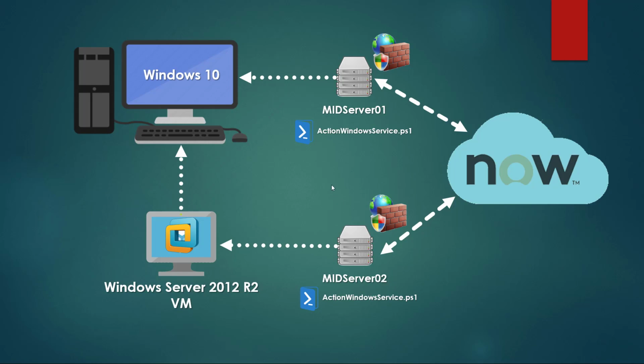When I create that Action Windows Service file for the MID server in ServiceNow, ServiceNow will be in charge of pushing this file to the MID servers that are connected to your instance. In other words, the file will be pushed to MID server 01 and MID server 02. You also have a copy of that PowerShell file.